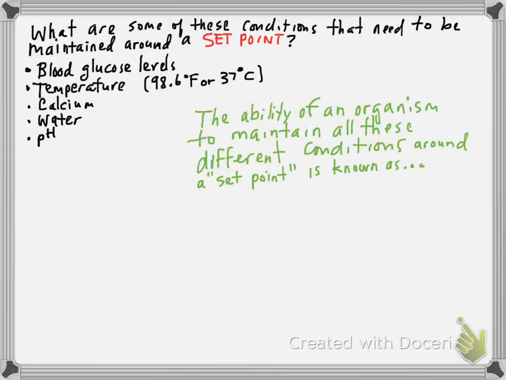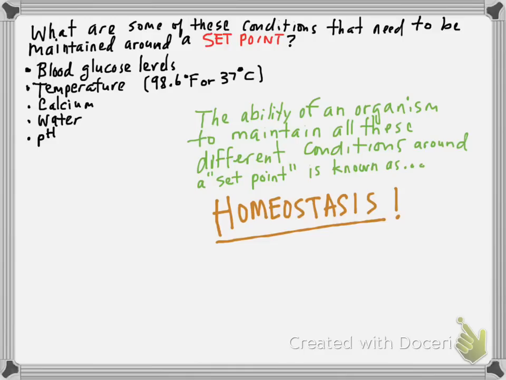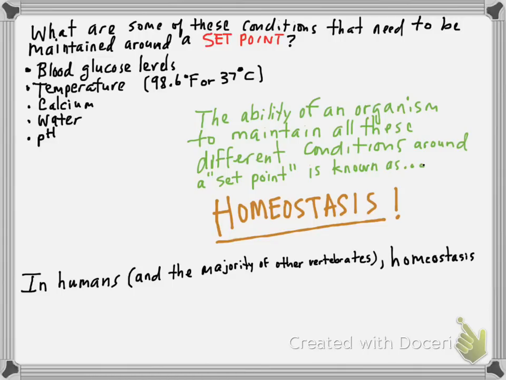It's a big idea. I wrote it at the very beginning of this presentation. That's right, it's homeostasis. In humans and lots of other animals, there are two systems in your body that control the ability to do this, and those are the endocrine and nervous systems.